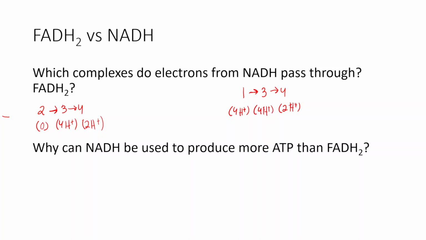So, why is NADH producing more ATP than FADH2? Which we kind of just answered, but tell me again. Yeah, exactly. They pass through slightly different complexes. So NADH goes through complex 1, so ultimately it's moving more protons.